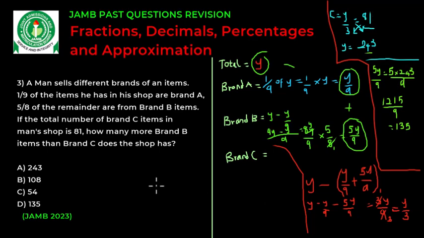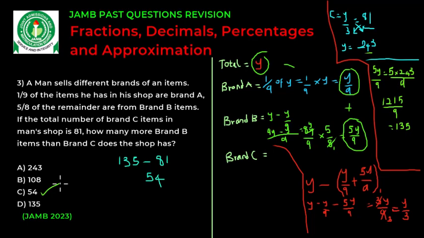To find this, we simply subtract 81 from 135, the total number of items in brand B minus the total in brand C. The answer is 54. Checking our question, C is the correct answer.